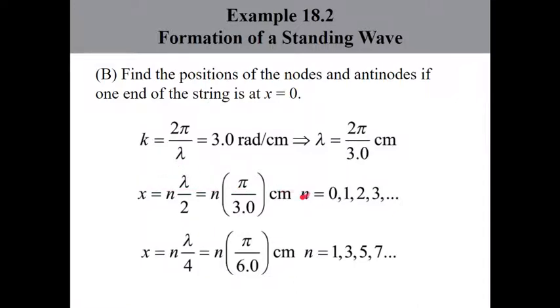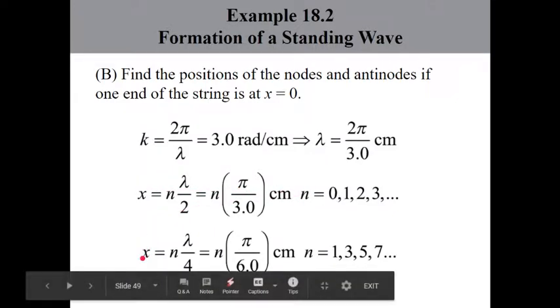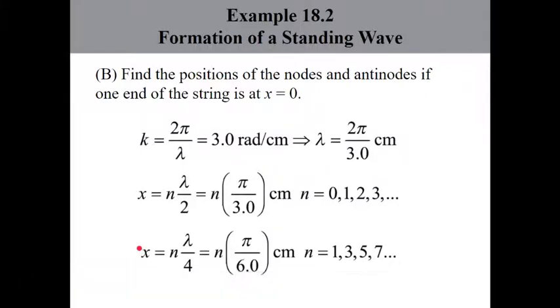For finding the position of the antinodes, remember that antinodes are also a half wavelength away from each consecutive antinode. However, the first antinode doesn't start at position 0. At x equals 0, we have the first node. The first antinode happens a quarter wavelength after that node. So the very first one should be a quarter wavelength; that will be the position of the first antinode.